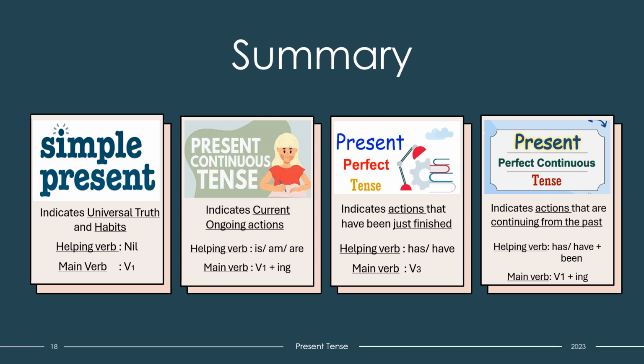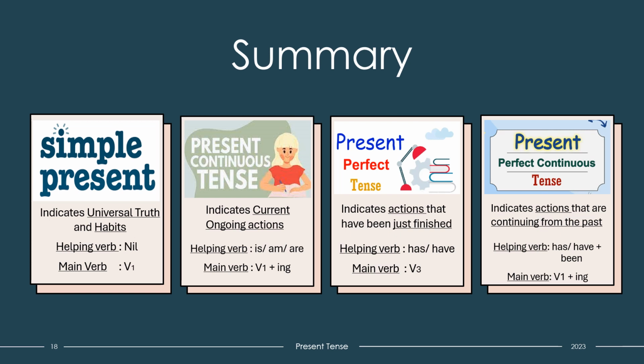Then let's come to the main verb. In simple present tense, we use the first form of the verb. In present continuous tense, we use the first form of the verb ending with ing. In present perfect tense, we use third form of the verb, and in perfect continuous tense, we again use first form of the verb ending with ing.